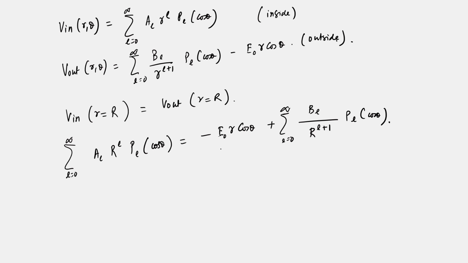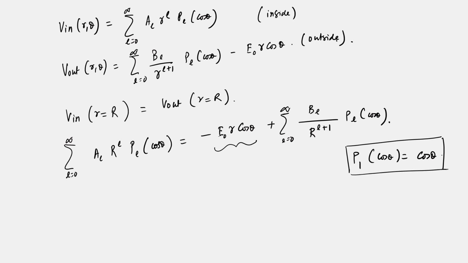But you see the right hand side contains a cosine theta in the first term, which earlier I had written towards the end. Now, remember that P 1 cos theta is equal to cos theta. Okay. So, that is the Legendre polynomial for L equal to 1, which means that since there is a cosine theta here, which is like a P 1 cos theta, and there is one term in the right hand side which is like a P 1 cos theta, only L equal to 1 will survive.